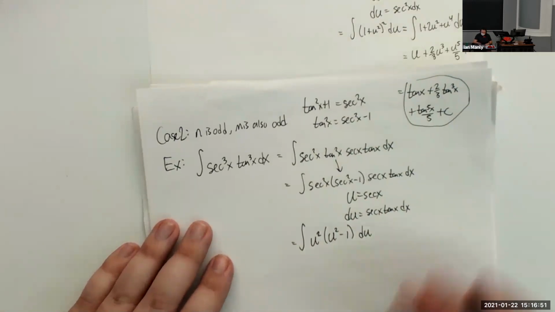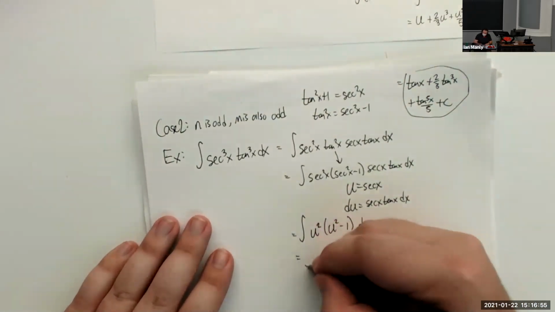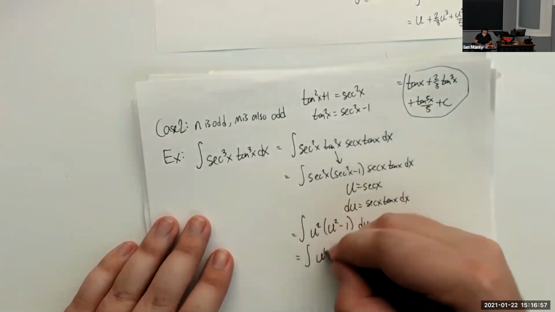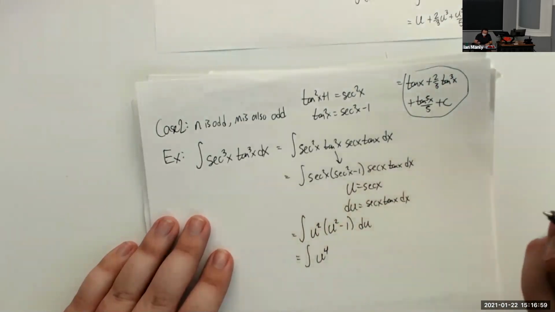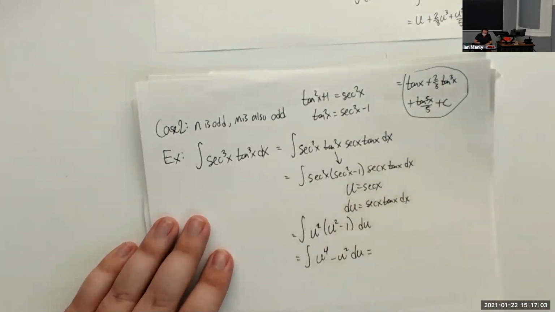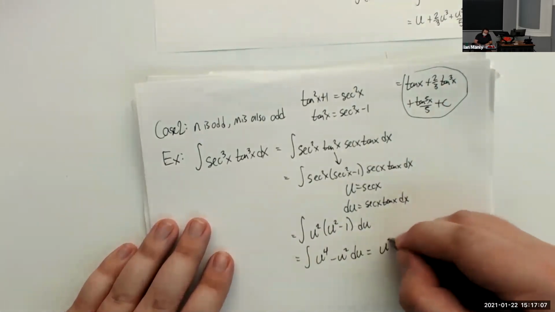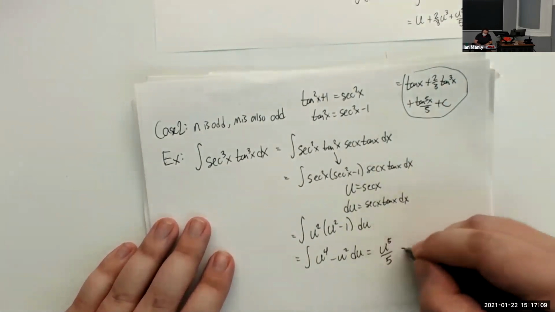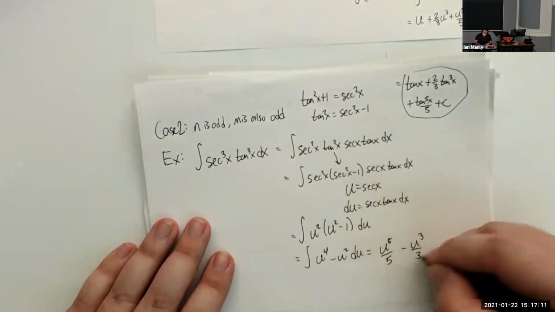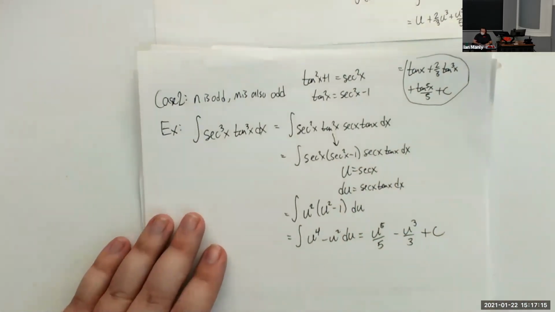All right. Let's go ahead and distribute this here. u to the fourth minus u squared du. And then we could just go ahead and do a nice power rule here. So we have u to the fifth over 5 minus u cubed over 3 plus c, once we do the power rule right there.